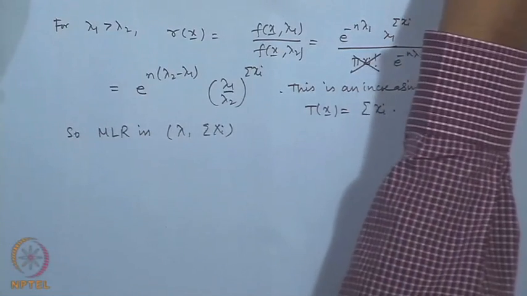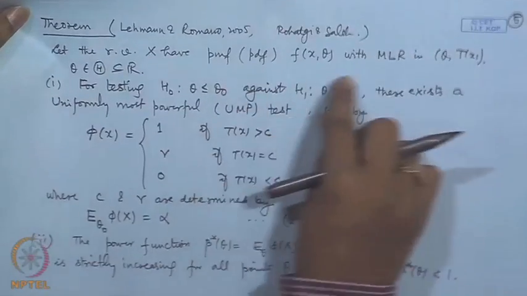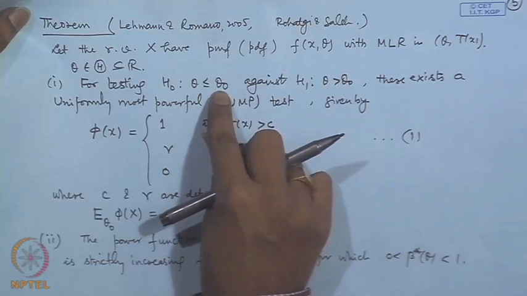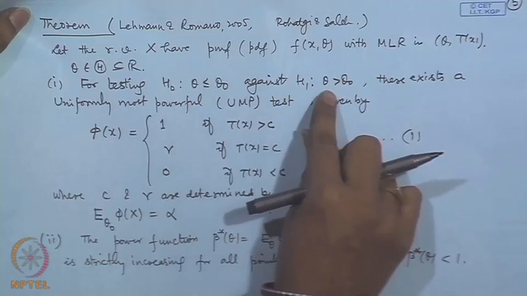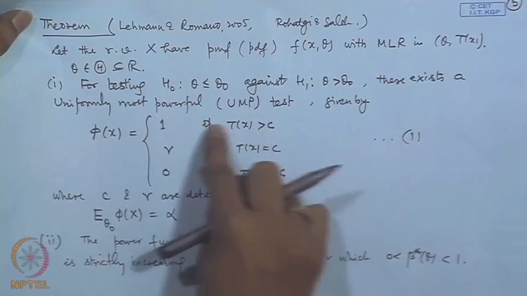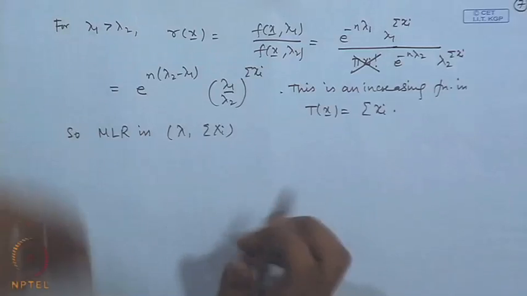So, we can apply the theorem that I gave. If the family has monotone likelihood ratio in theta and T(x), then for a one-sided null hypothesis versus a one-sided alternative hypothesis, the uniformly most powerful test is obtained here. So, let me write it here.